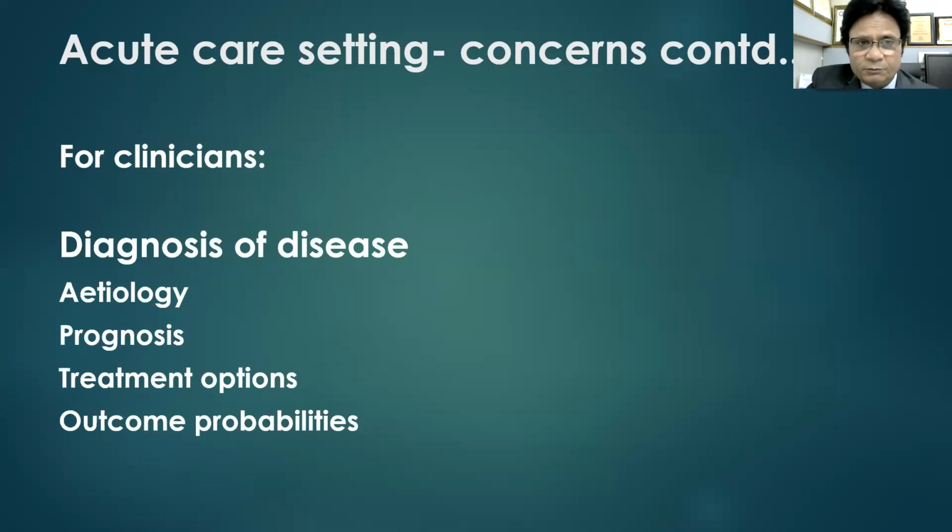Once the diagnosis of the disease is made, the prognosis is ascertained, then the treatment options available are decided, and outcome probabilities are evaluated based on the patient's condition and need.